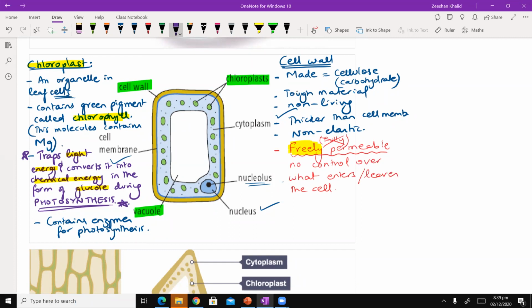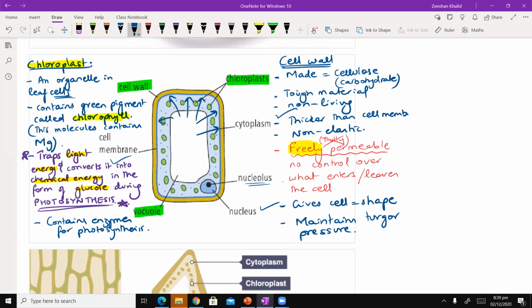Okay. All right. Then the cell wall gives the cell its shape, since it's a tough and rigid structure. And then also it maintains the turgor pressure. What's the turgor pressure? I'm drawing these arrows that are pointing towards the inner side of the cell wall.